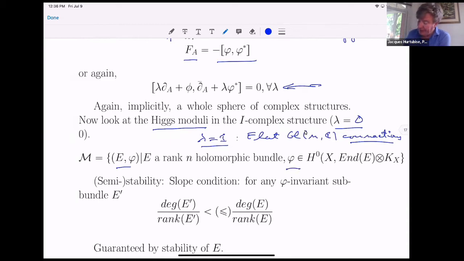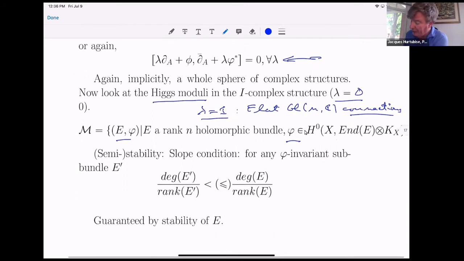Okay. There's a slope condition, a stability or semi-stability condition, that you want for the moduli space: for any phi-invariant subbundle, and the invariance is important, the ratio of the degree over the rank is less than, for stability, or less than or equal, for semi-stability, that of E. An important feature is that the condition for stability of just the bundle is that you drop the phi-invariance. So if your bundle is stable, then any phi will do.